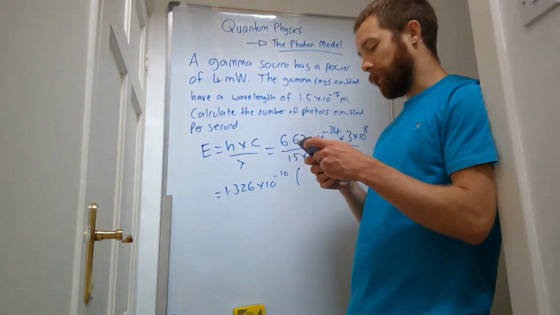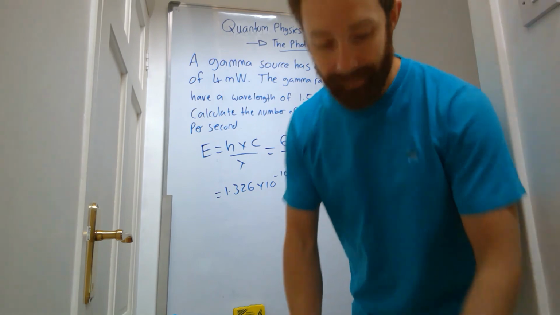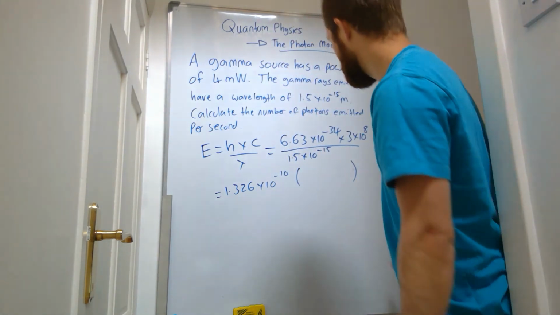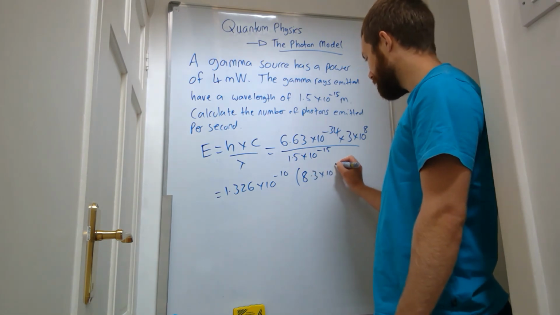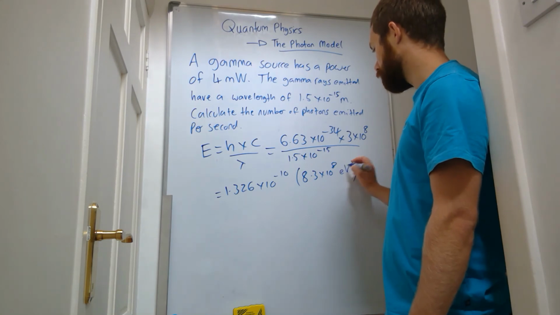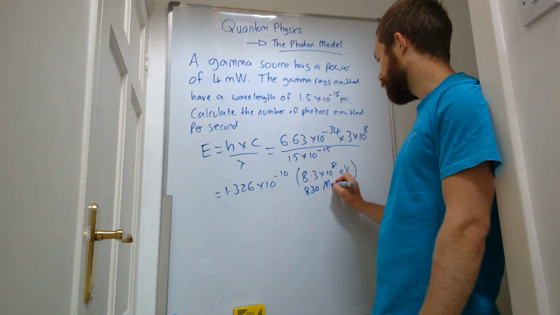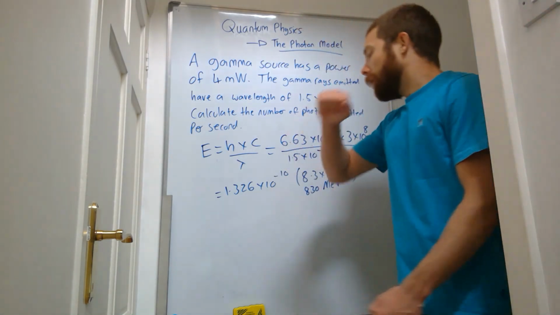So this is about 8.3 times 10 to the 8 electron volts. So that's 830 mega electron volts, which is quite a high energy gamma ray.